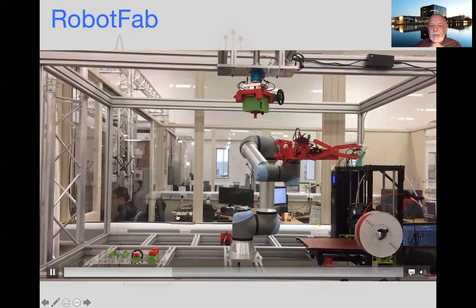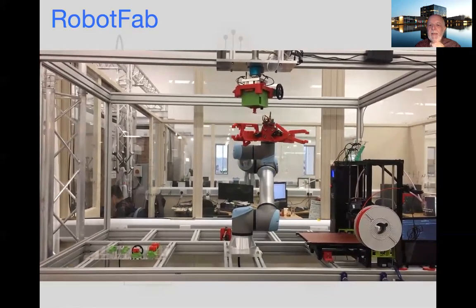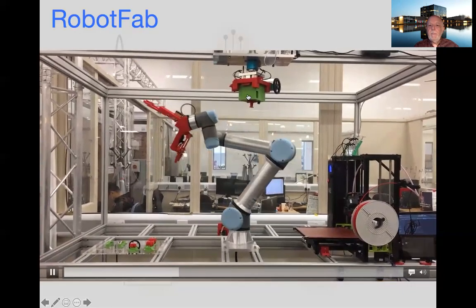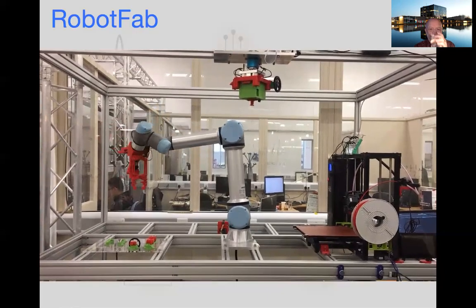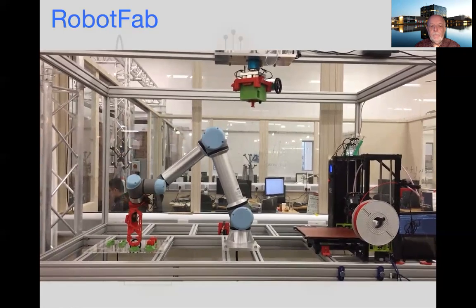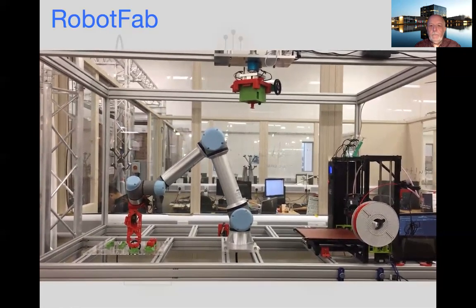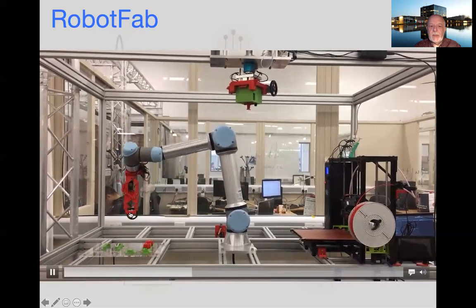And now it goes back to get a second wheel organ to connect on. And we'll probably see this move again into the right position. So that's it, it's got a second wheel organ now.